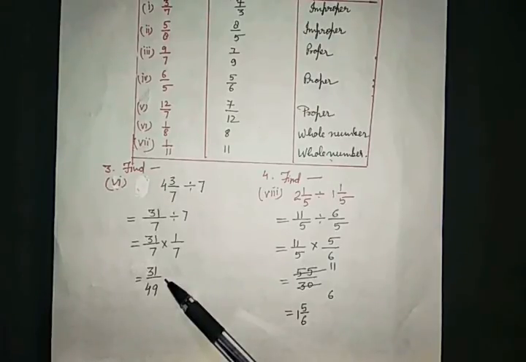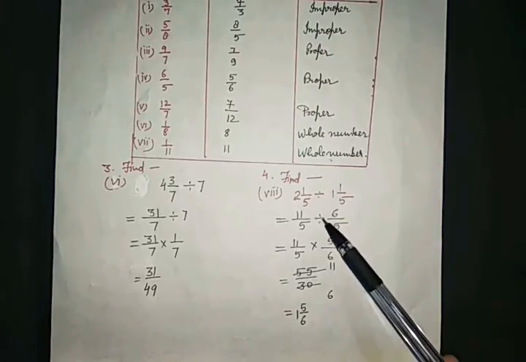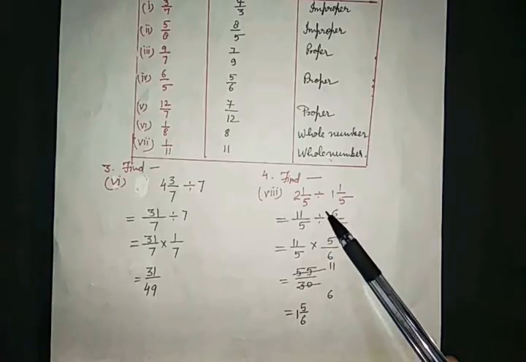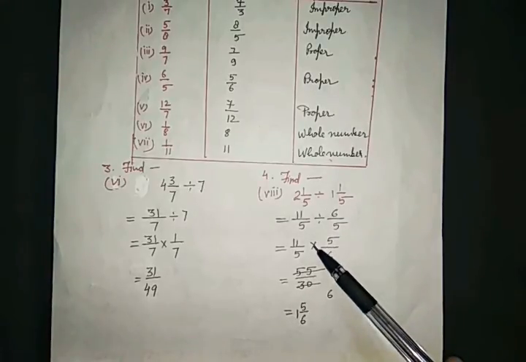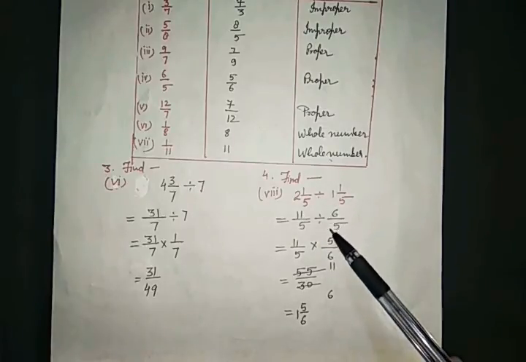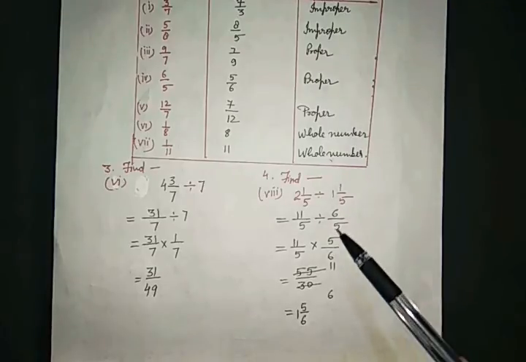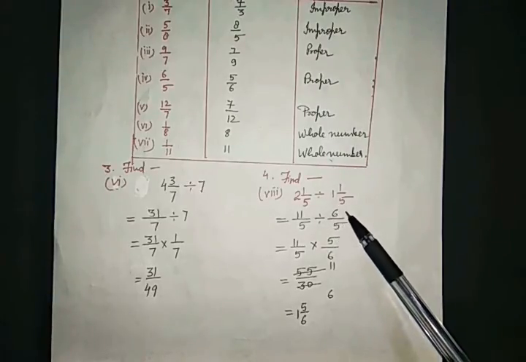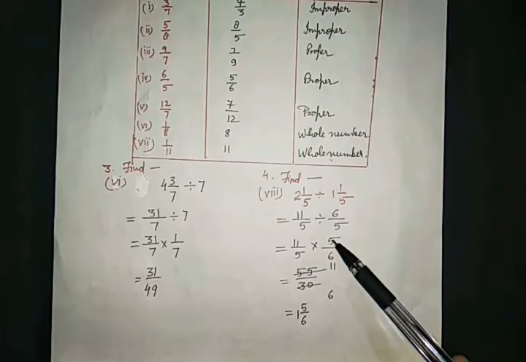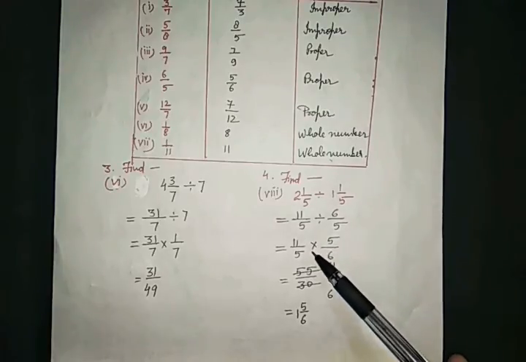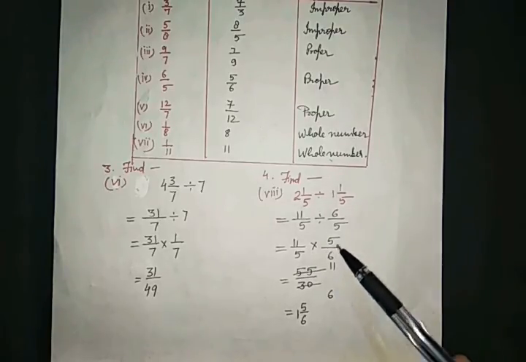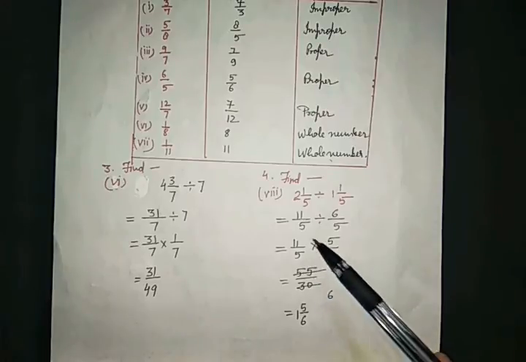Just like this question, here also for this division sign we will put the sign of multiplication, and we will not write this 6 upon 5 here. We have to write the reciprocal of 6 upon 5, which is 5 upon 6, with this multiplication sign. Now we can multiply them.